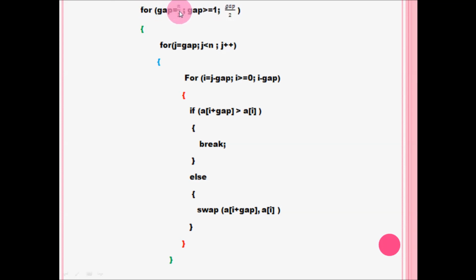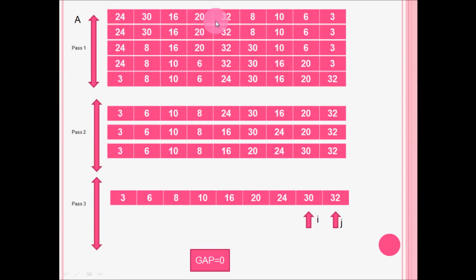So g is the gap. How to calculate the gap? First initialize the gap. The total number of elements of the array divided by 2, meaning here 9 elements divided by 2, the floor value of that is 4. So 1, 2, 3, 4, 5, 6, 7, 8, 9. 9 divided by 2 is 4 point 5 and the floor value is 4.